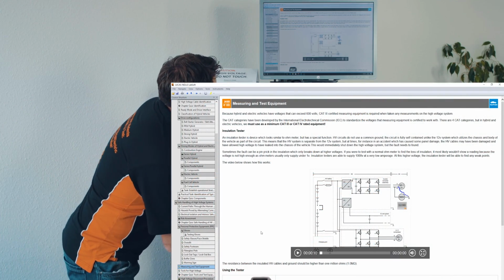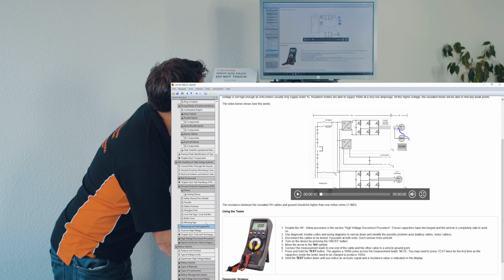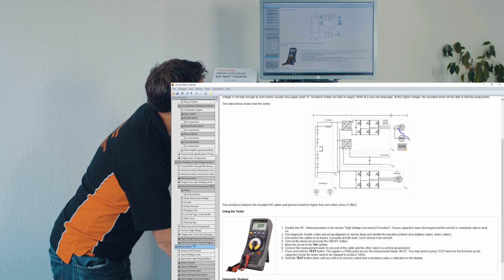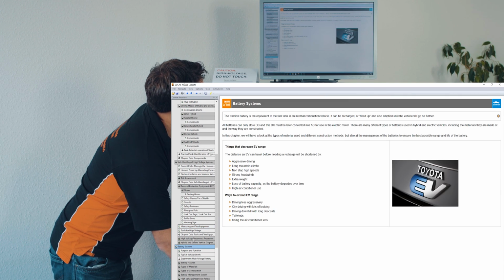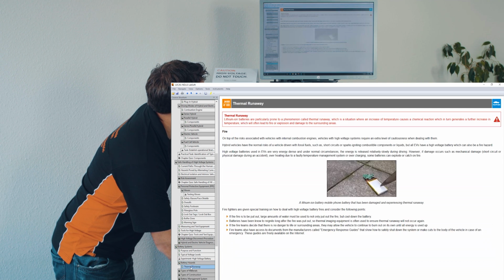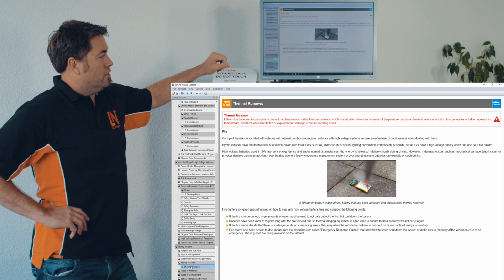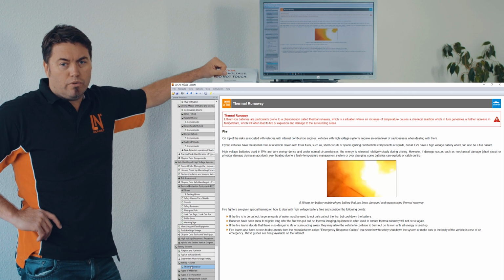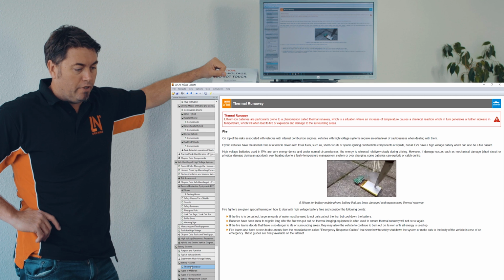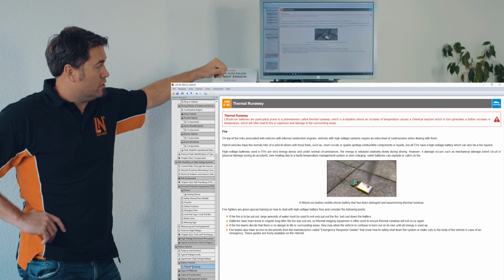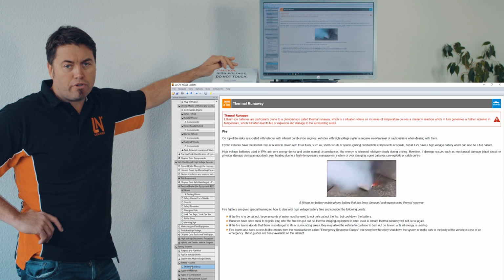Okay, so if we have a little bit more look in detail at some of the technology, so various battery systems. We've all heard about some of the vehicle fires. There's a lot of worry out there about lithium batteries.